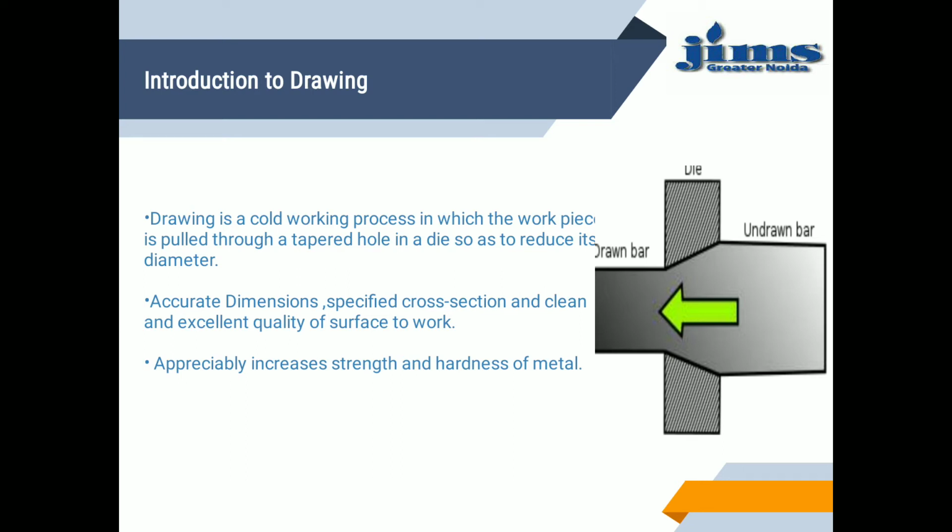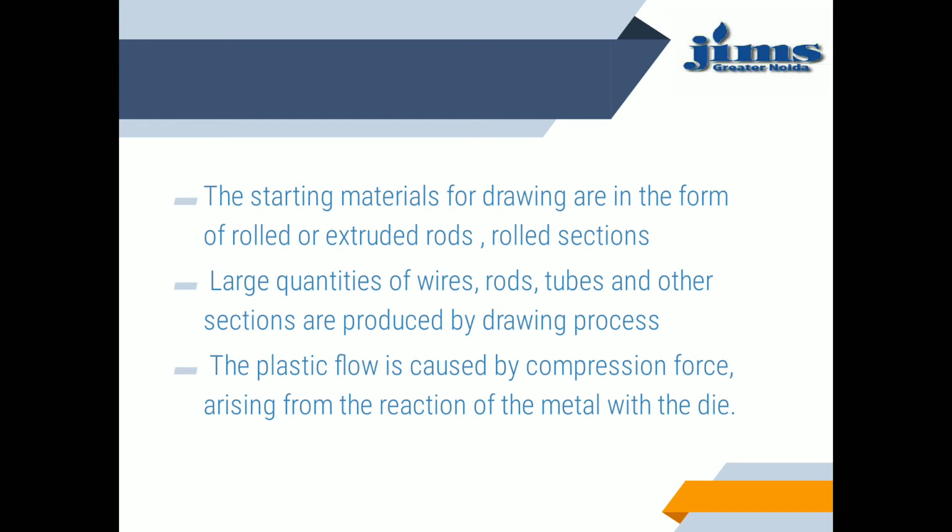So it goes on rotation. The starting material for drawing is in the form of rolled or extruded rods. Large quantities of wires, rods, tubes and other sections can be produced by using this drawing process.